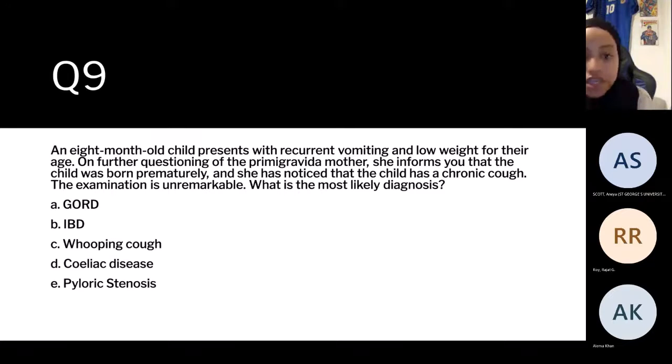Okay, perfect. So the responses are split between GORD and celiac disease. So the correct response is GORD. The reason is that we don't actually have enough in the question itself to suggest celiac disease.